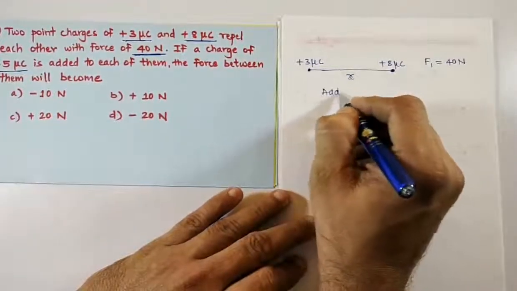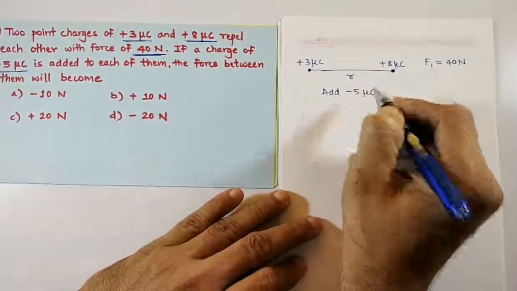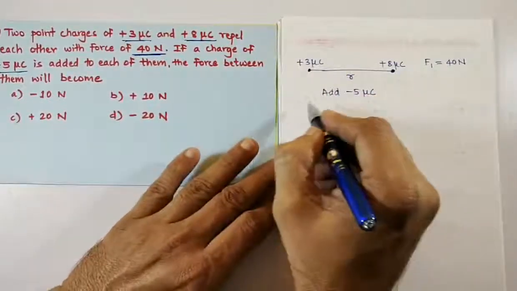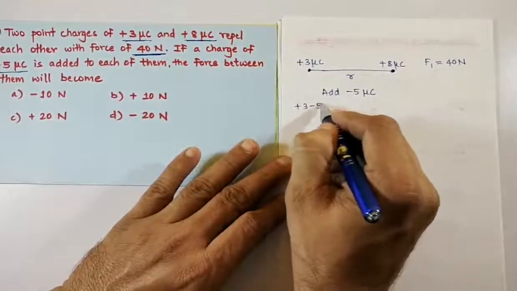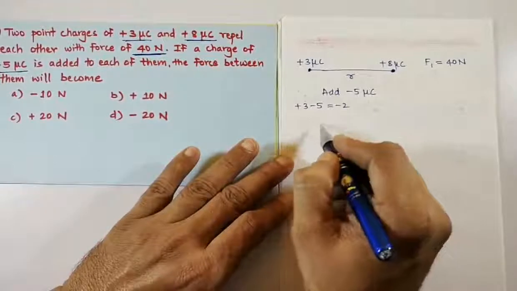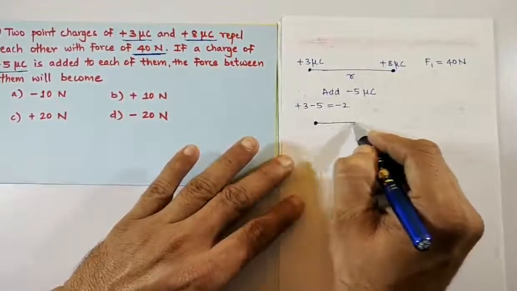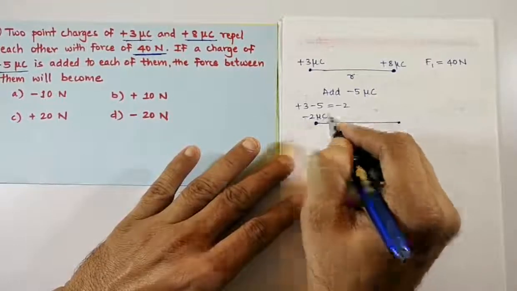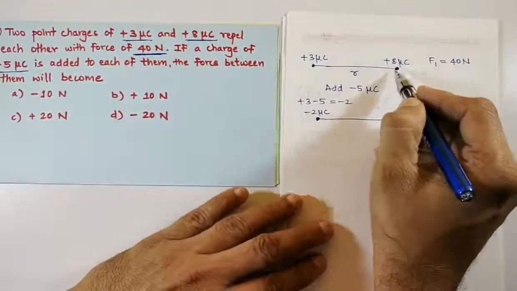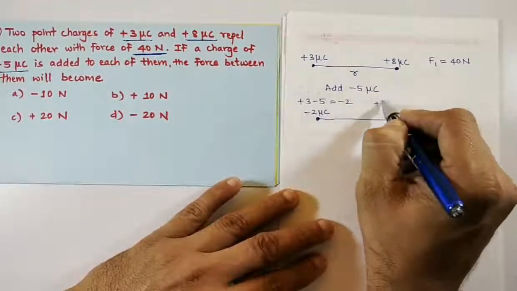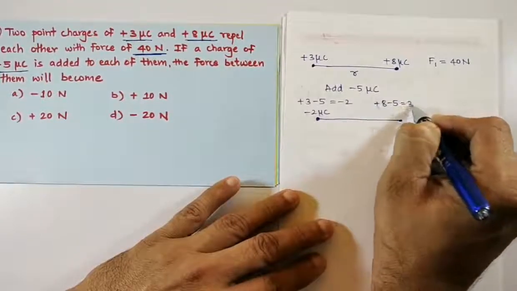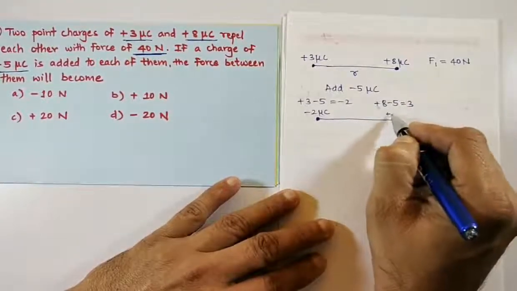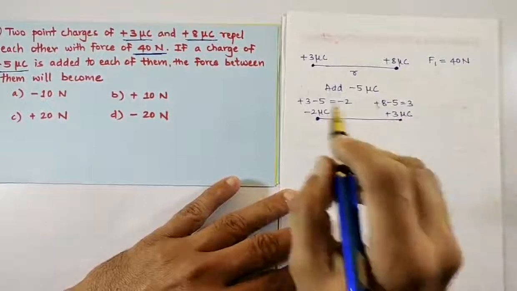So if you add minus 5 to plus 3, it will be minus 2 microcoulomb. Now if you add minus 5 to plus 8, it will be plus 3 microcoulomb.